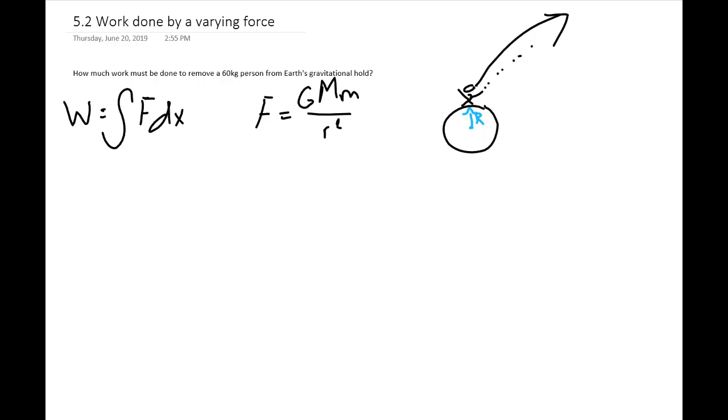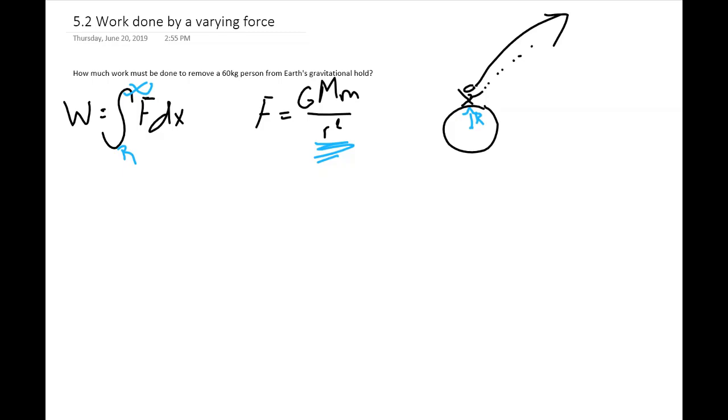We also have to look at, as we move further and further away, even though this r value is getting larger and larger, it doesn't actually completely make the force disappear. So it would take moving the person an infinite distance away to get the force to zero, to fully escape Earth's gravitational hold. So we're going to end up integrating from r all the way to infinity. And the cool thing with calculus is we can do that.